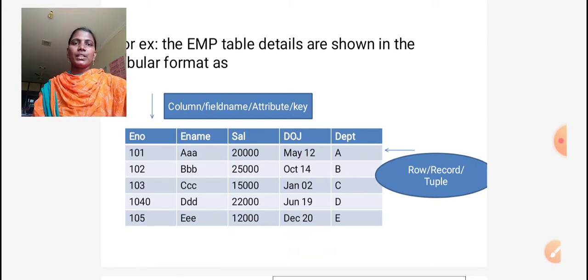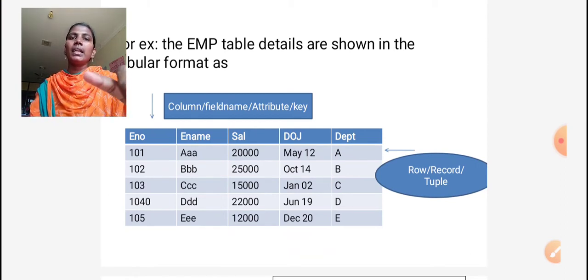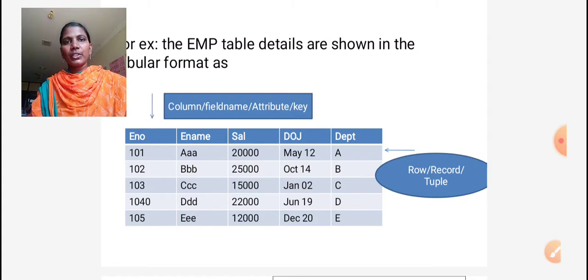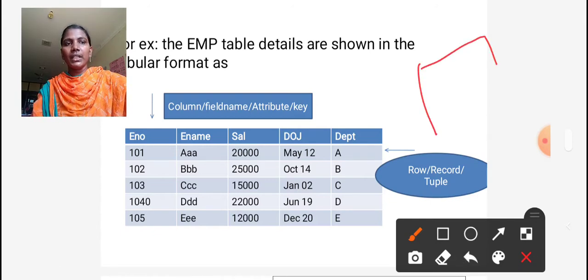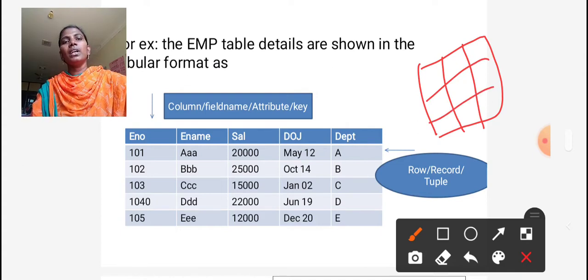The relational model doesn't have any graphical representation. The data will be displayed in the form of text, and in the database the data is always represented in the form of tables with the data.